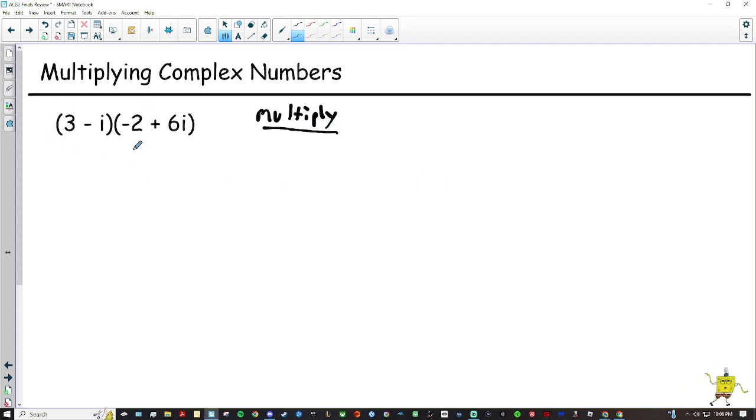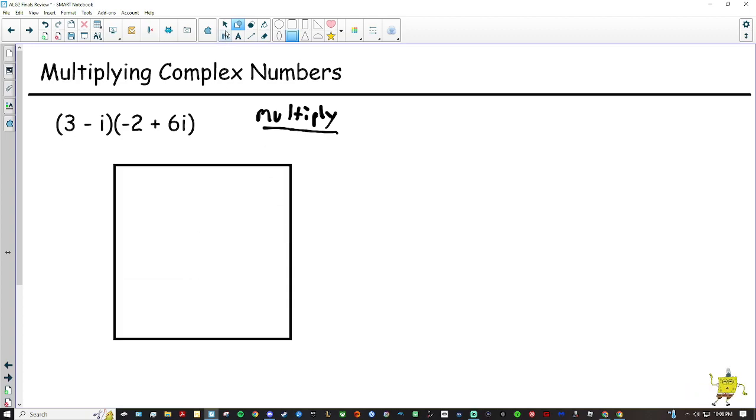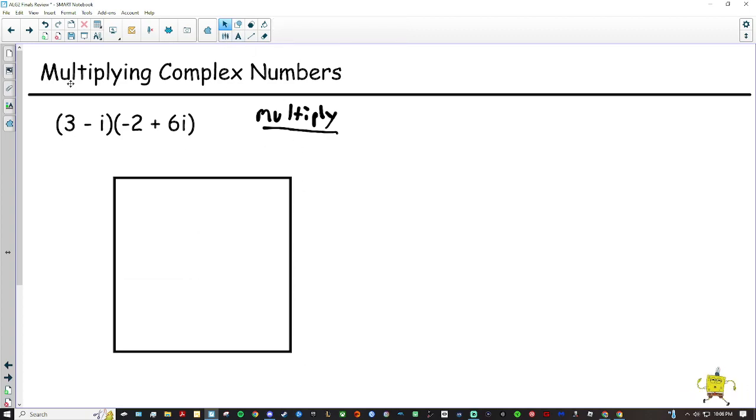Okay, when we're multiplying two complex numbers, we're going to use the box method. So you're going to draw a nice big box on your paper. And we're going to divide this into a 2 by 2 box.